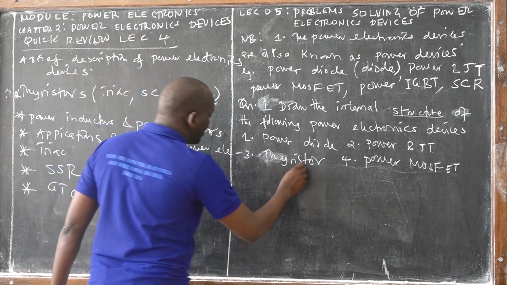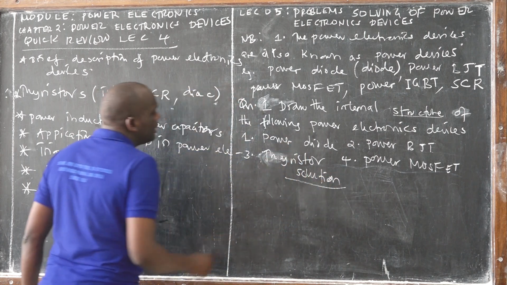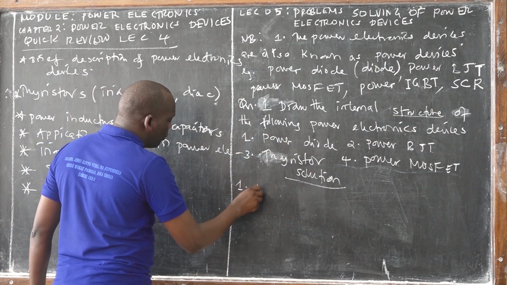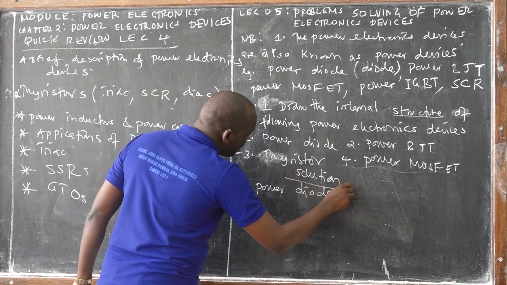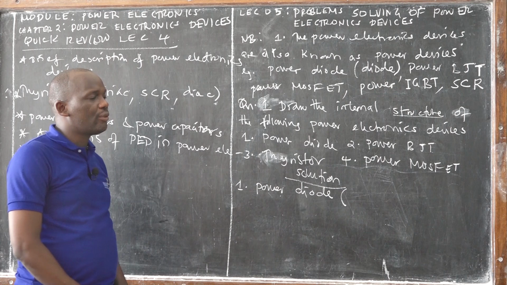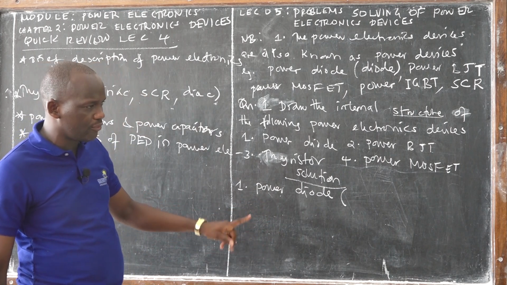So now let us solve this problem. Solution. Let us start number 1 with the power diode. How many power diodes do we have? I mentioned 3 but there are 4 categories.